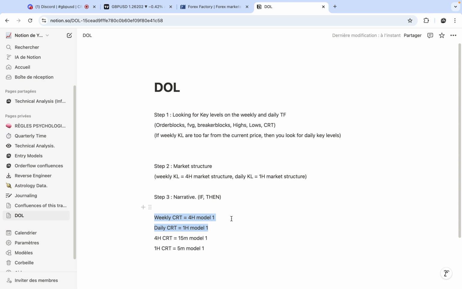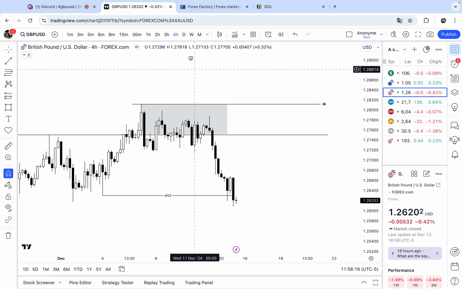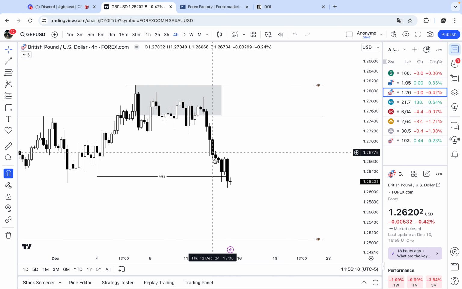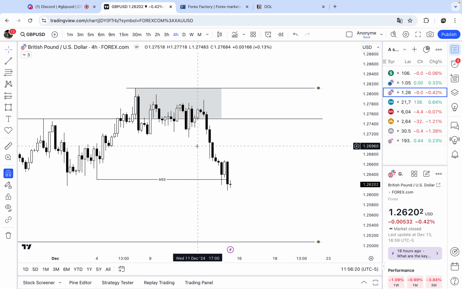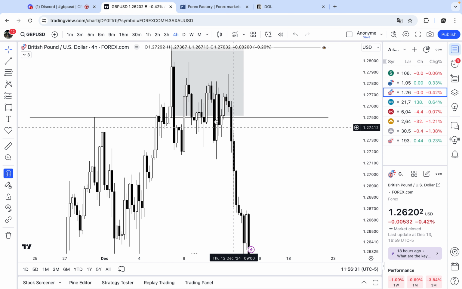This is it, guys. So look, weekly CRT, 4 hour model 1. Here, weekly CRT, 4 hour model 1. If we go here, is there any 4 hour CRT here? I don't think so. You don't care about the macro times and kill zones when it comes to weekly. Daily, I don't care.